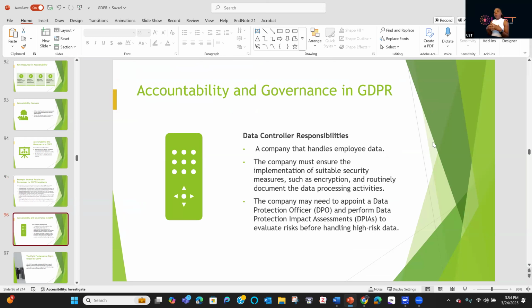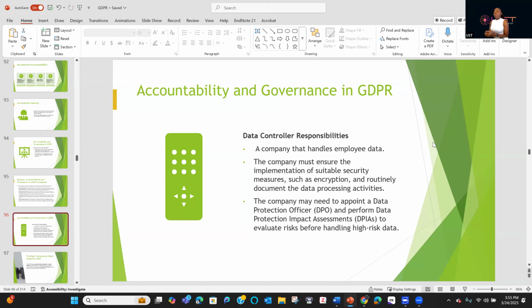So if you are a data controller, if you are that company, you collect information, then you need to make sure that people's information is protected. And how do you do that? By having internal policies, defining and telling us what your policy does, also performing routine tasks to see if there are any underlying issues, maintaining proper documentation, even making sure your policies are up to date, right?